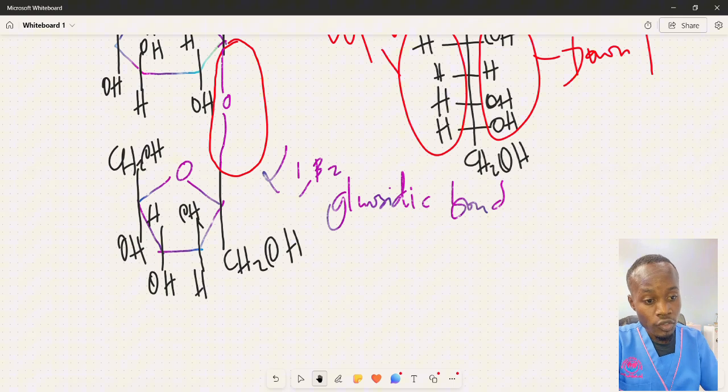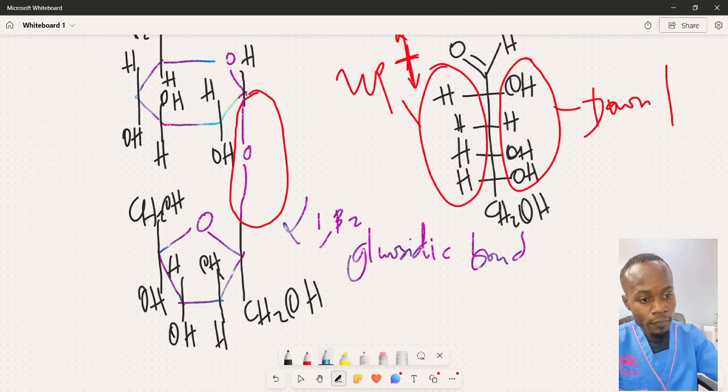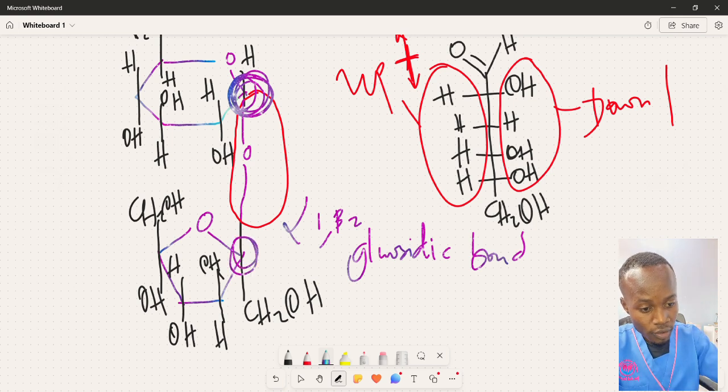Yeah, 1,2 glycosidic bond, and that one is here. Anomeric carbon for glucose, we are having it here, alpha. So it was an alpha, and it's anomeric carbon number 1. Then also here for fructose, we are having it at carbon number 2, and it was a beta fructose, so it's going to be here.